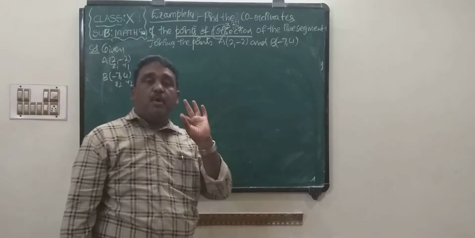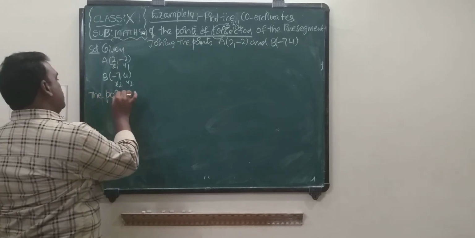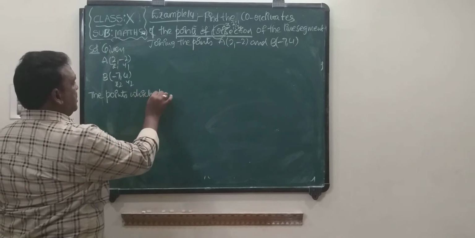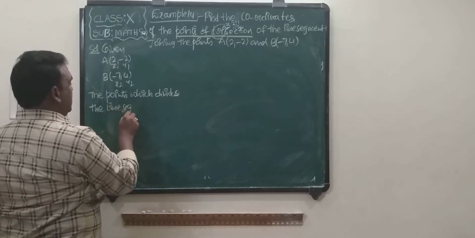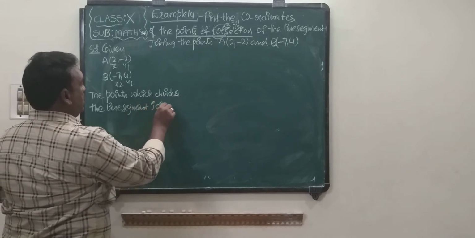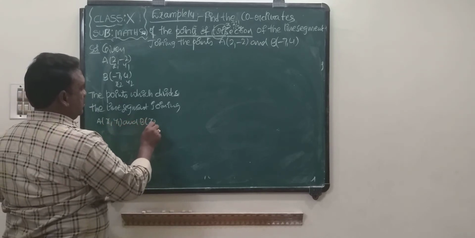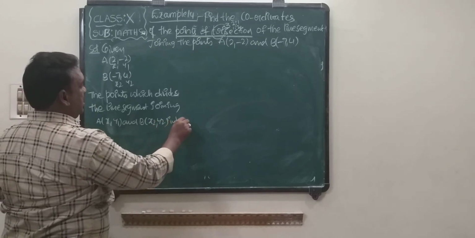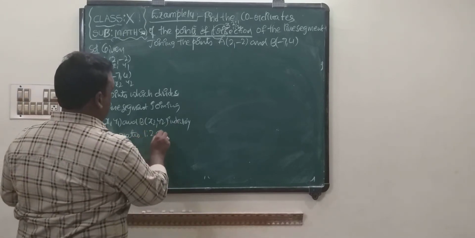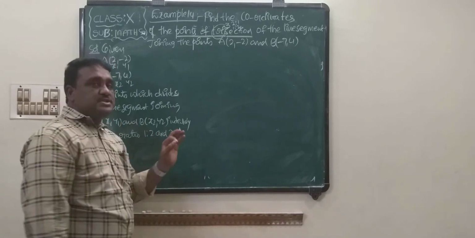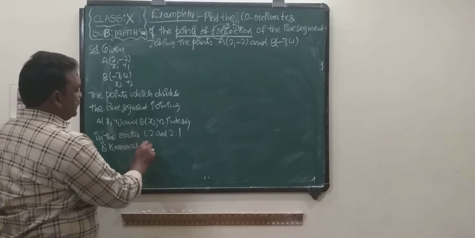Write the definition of points of trisection. The points which divide the line segment joining A(x1, y1) and B(x2, y2) internally in the ratio 1:2 and 2:1 are known as points of trisection.